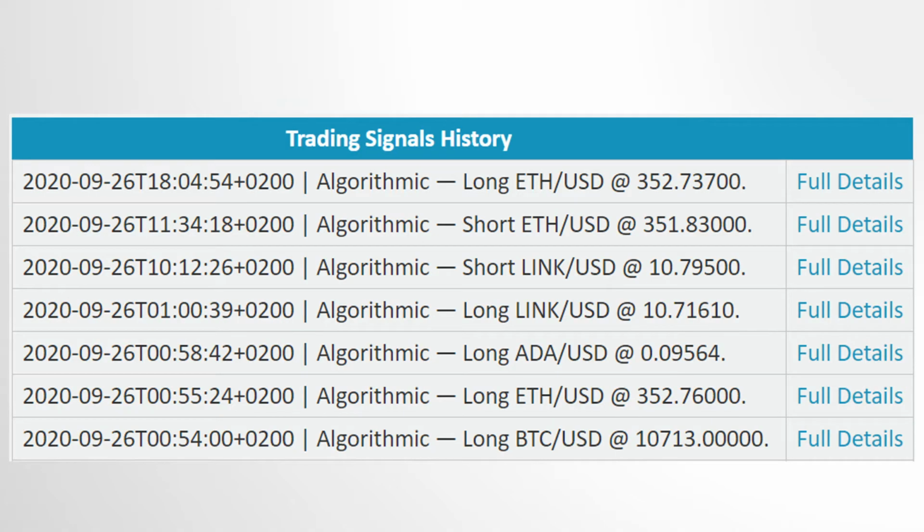Now, let me show you how to read these trading signals. That section there tells you that that's the date. On the 26th of September, on 1800 hours, which is 6:04 p.m. Time zone is +2 hours ahead of the UTC, which means that's basically Paris time.